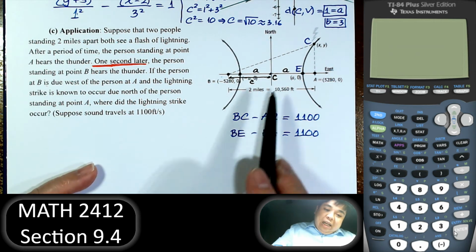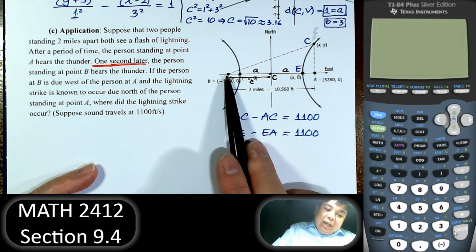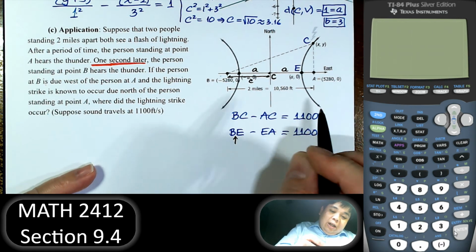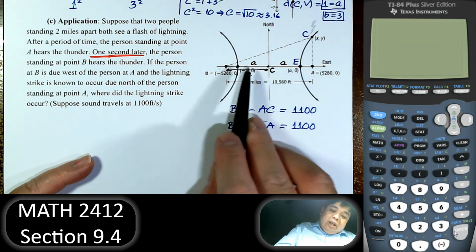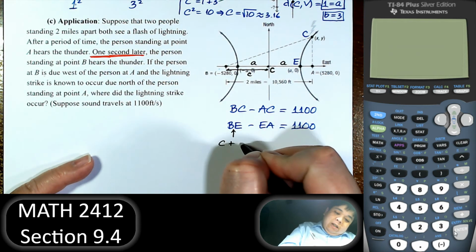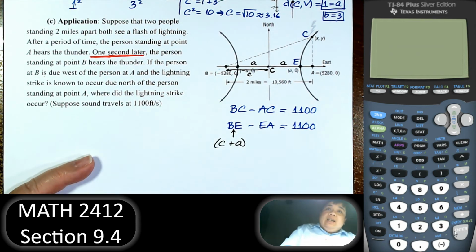Right, so if we're going to write the distance from B to E, it's going to be c and a. So c plus a is BE.